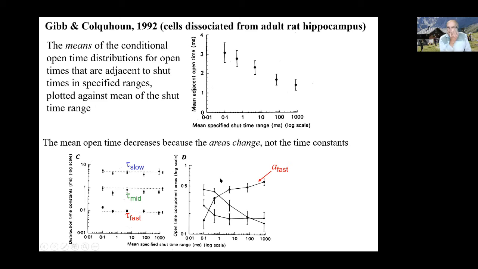So the area of the fast component, this one, increased, and the area of the slow component, this one, decreased. And this is why the distribution gets faster. The open times get shorter, in other words, next to the long shuttings, compared with their length next to the short shuttings.